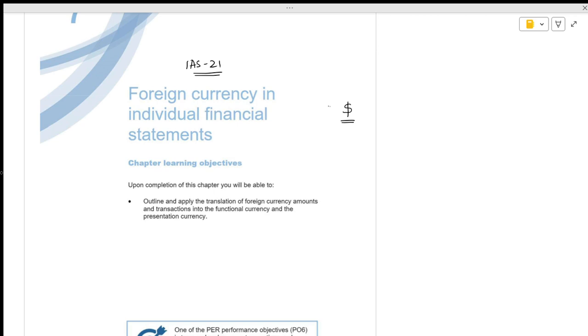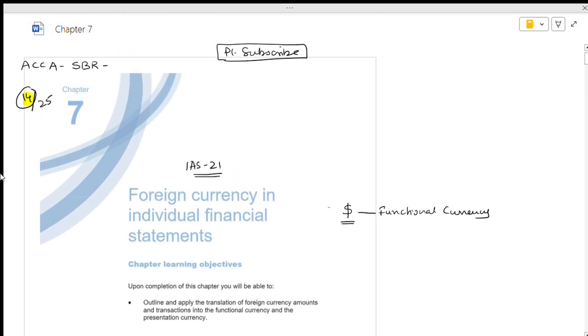Whichever currency is accepted by both parties is called the functional currency. I'm giving you a brief overview of how things will work.